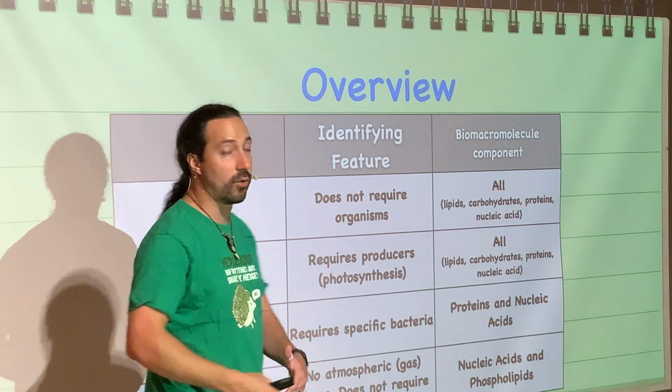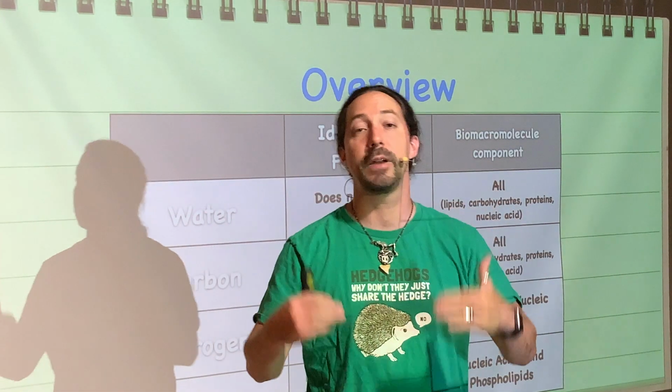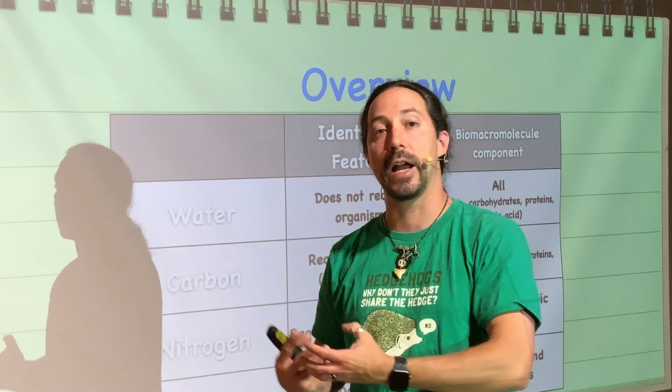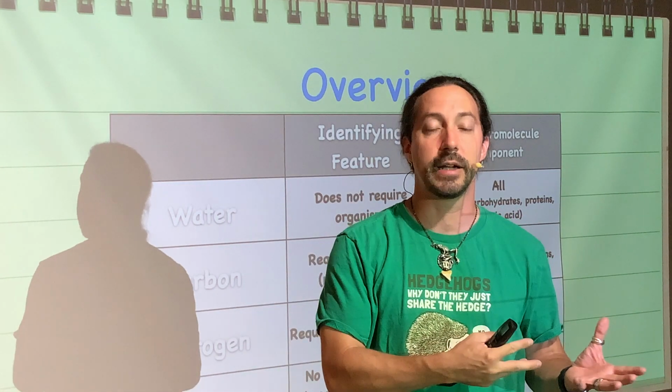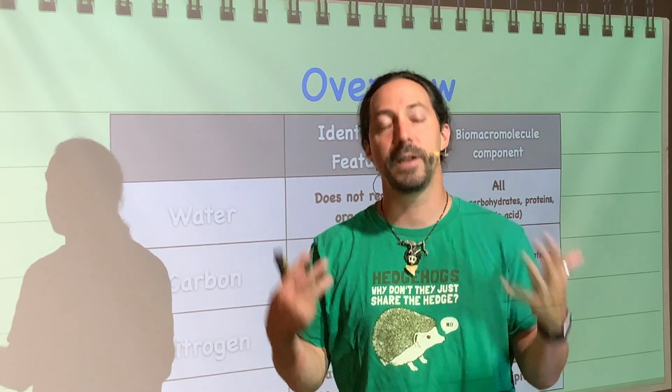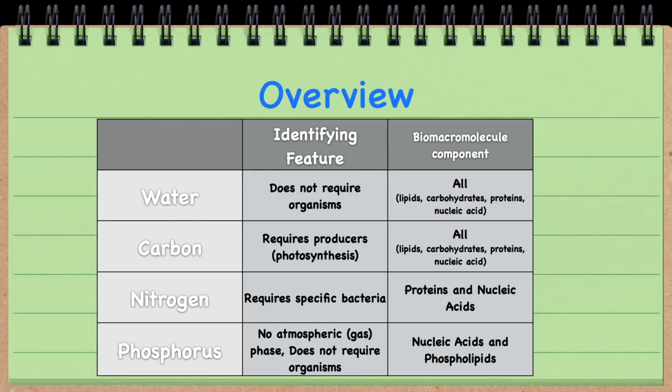The nitrogen cycle, it required those very specific bacteria, either the nitrifying bacteria or the denitrifying bacteria, and also the nitrogen-fixing bacteria. All of those bacteria were involved in allowing for the nitrogen to be taken out of the atmosphere, but also for the nitrogen to be returned back to the atmosphere.